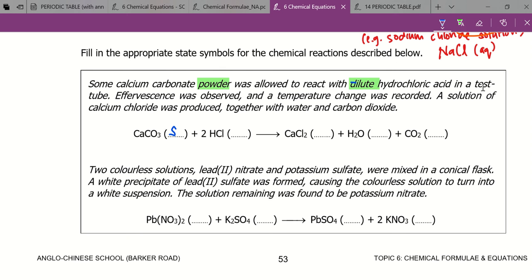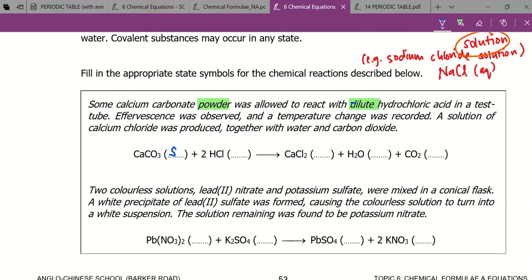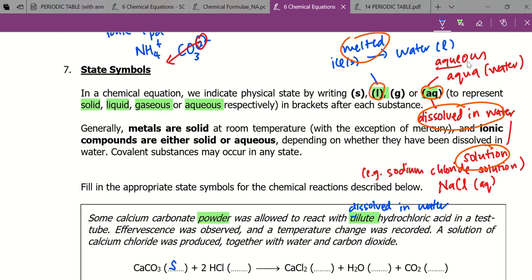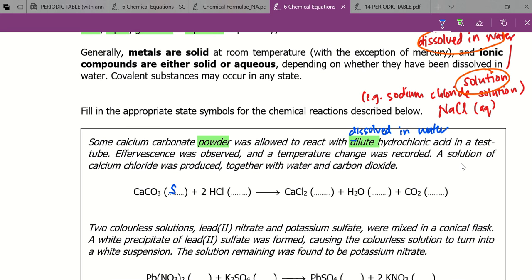The word diluted, what do you mean? If I have diluted Ribena, it means that it was dissolved in water. So just now we mentioned that when it's dissolved in water, it is aqueous, right? So for HCl, it will be aqueous.